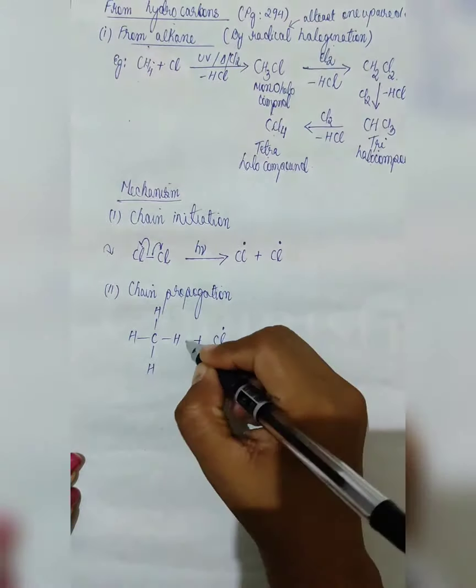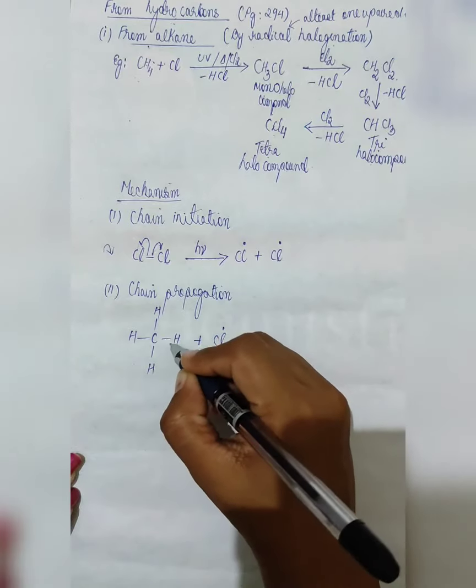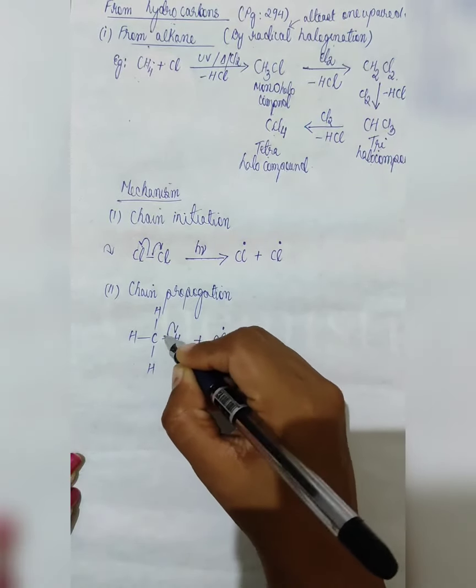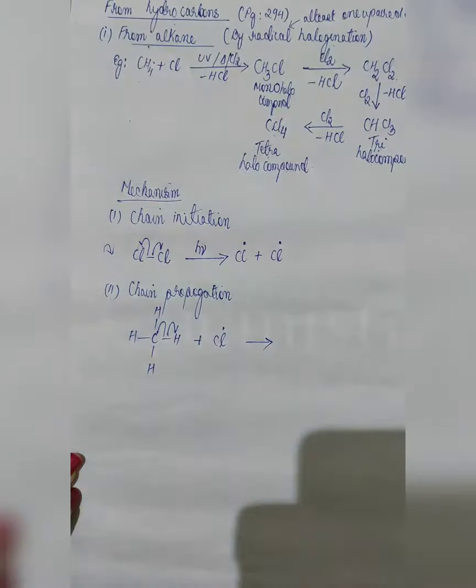Now here, in order to form radical, from this bond one electron jumps here and the other electron jumps on the carbon. So here we get two radicals. One is H and the other is CH3. Now here chlorine has two possibilities, either to react with hydrogen or CH3. The chlorine radical will go and react with the one with which it can form a stronger bond.